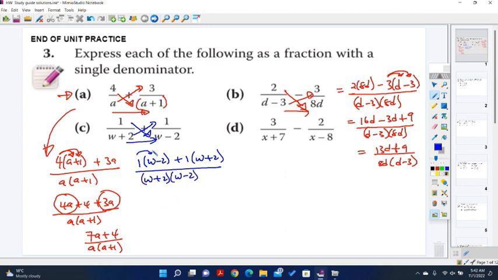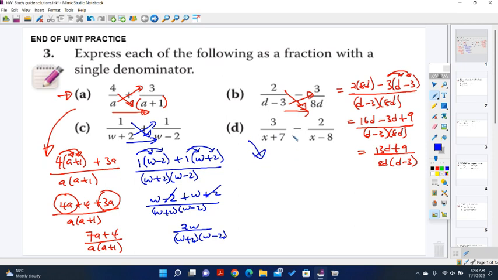So if I distribute the ones on the inside in the numerators, I will end up with W minus 2 plus W plus 2, all divided by W plus 2, close brackets, W minus 2. Hope you can see that the negative 2 and positive 2 cross out. Then I'll have 2W divided by W plus 2 into W minus 2.